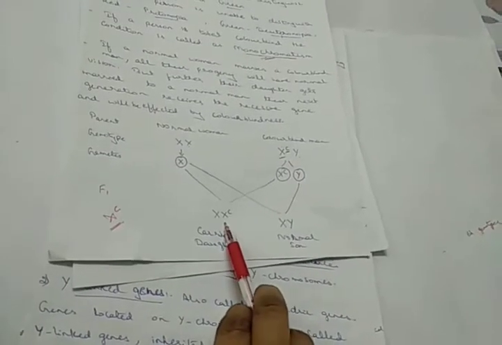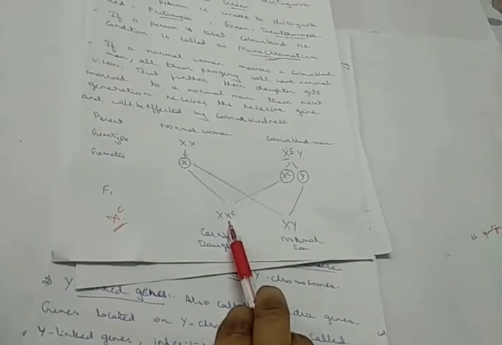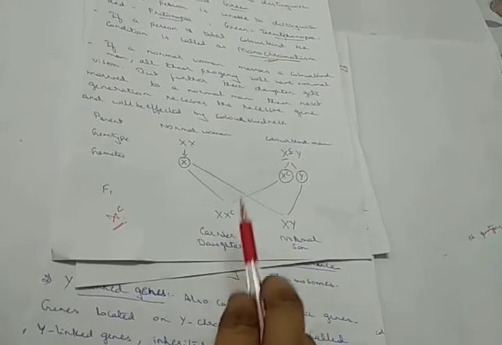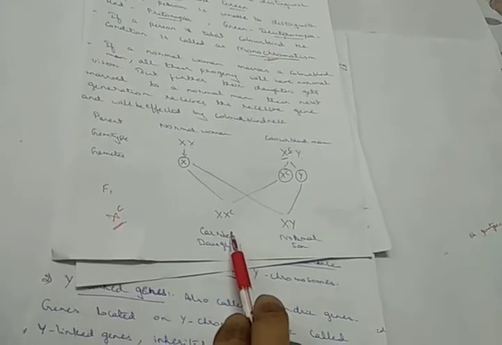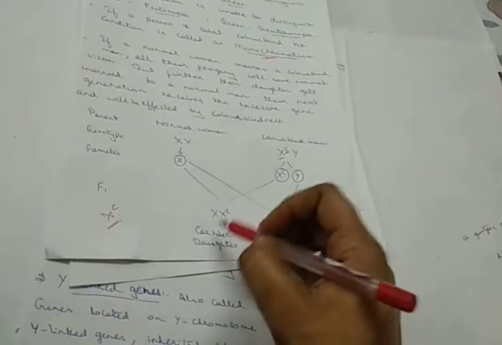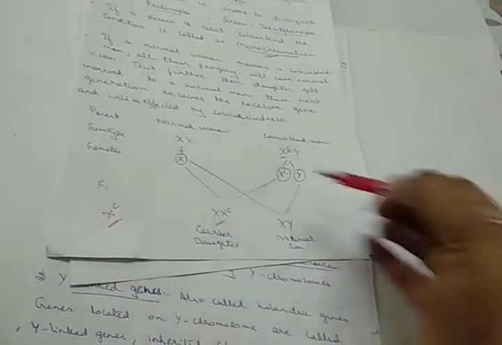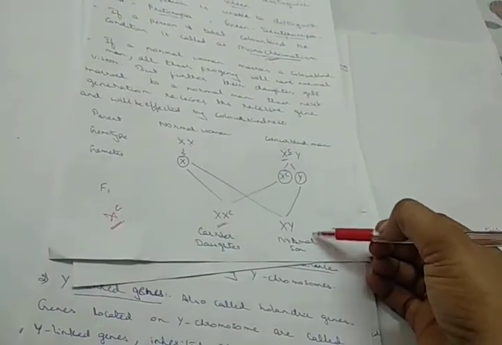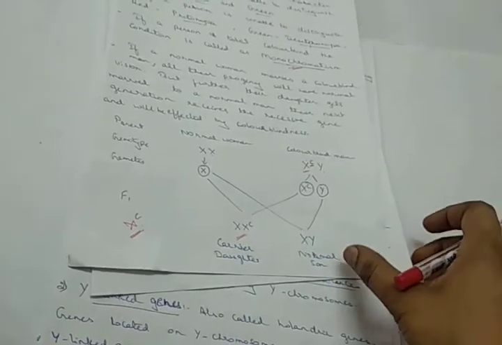A carrier daughter carries the recessive gene to the next generation but is not affected herself. The other one is a normal son.